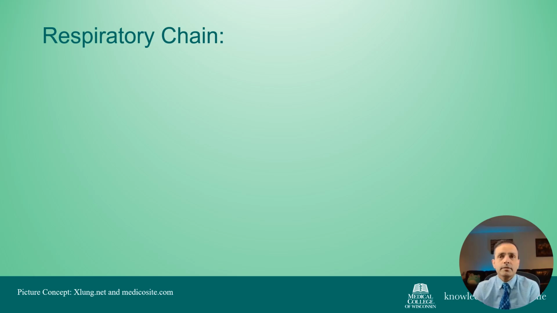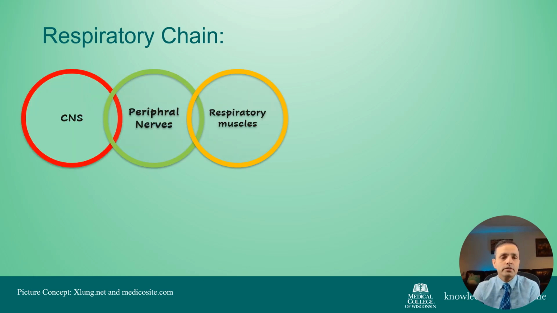So let's discuss the respiratory chain. It starts with the central nervous system, peripheral nerve, and respiratory muscles. Anything wrong with these three structures results in type 2 respiratory failure. Type 2 respiratory failure means an increase in carbon dioxide.